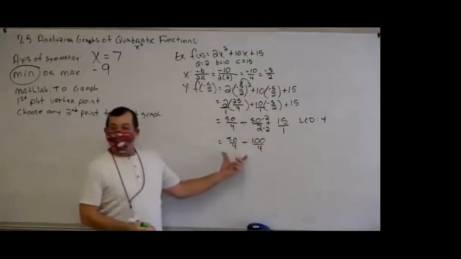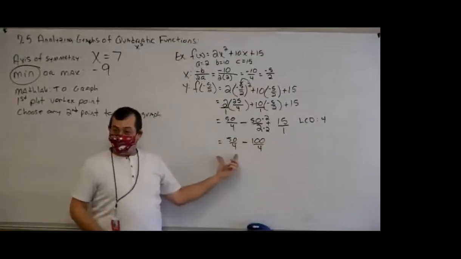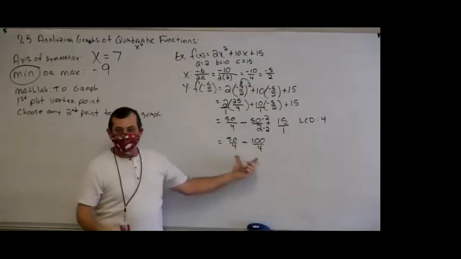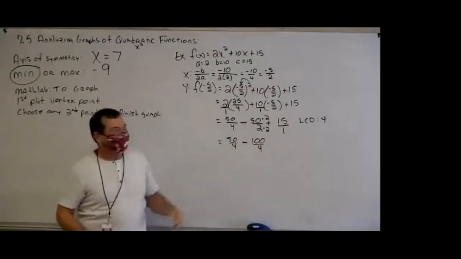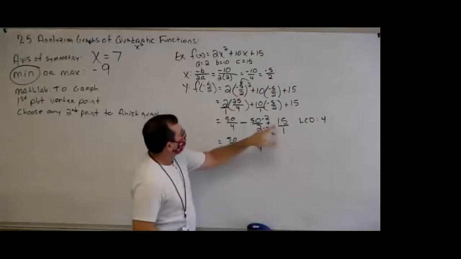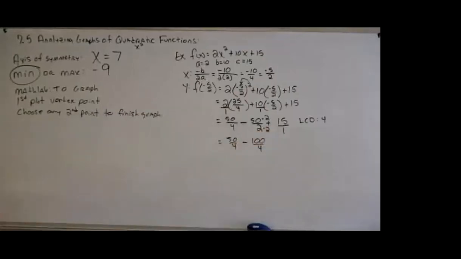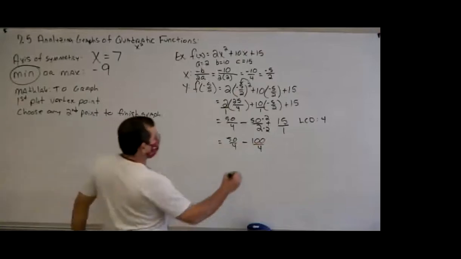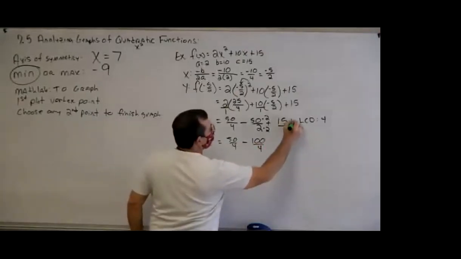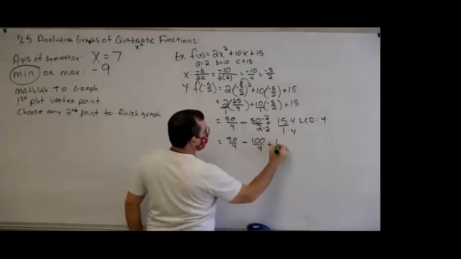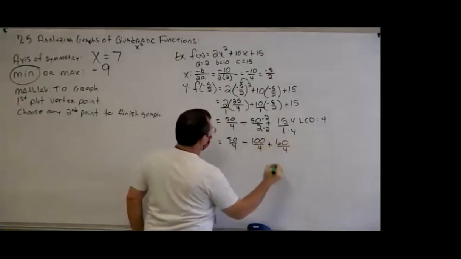But y'all look at that. At this point, is that one not double this one? So once you get to the simplified state, you'll notice stuff like that. Now, the 15 has a 1 on the bottom. What you multiply that by? 4. So I'm going to do that to the top and bottom by 4. So that's going to be, what, a 60 over 4.